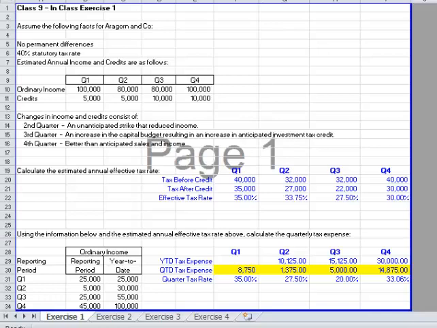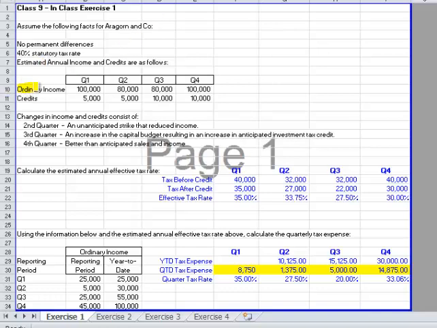Okay, so what we're trying to figure out, for starters, is our annual effective tax rate, right? And the key to that is to know what our ordinary income is. So in our simple example here so far, we're just assuming we're in one jurisdiction.